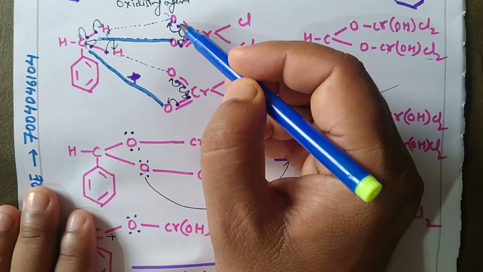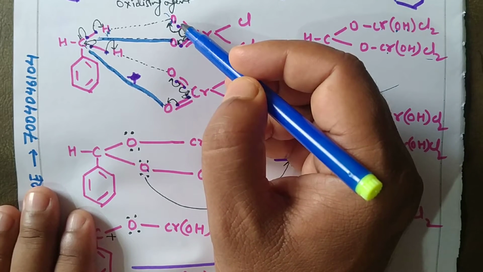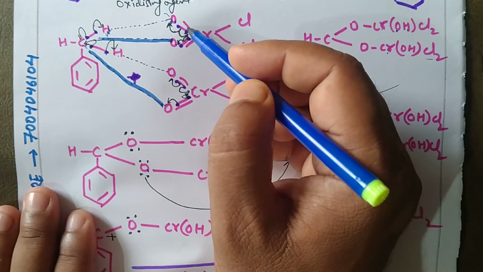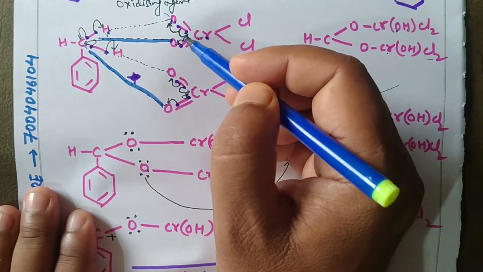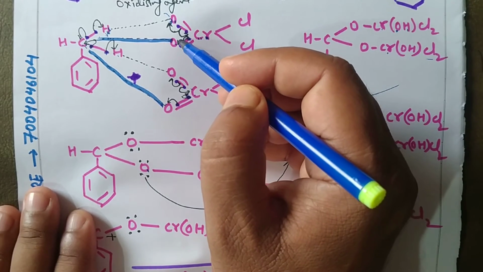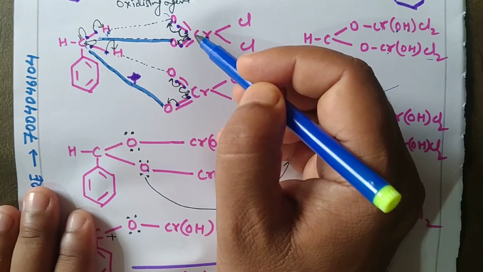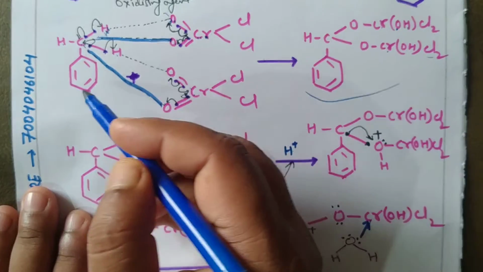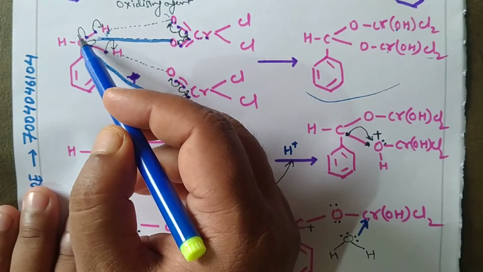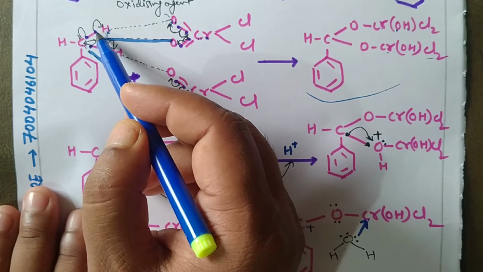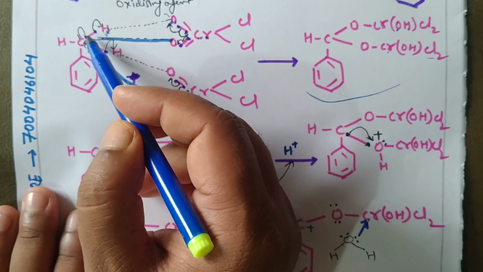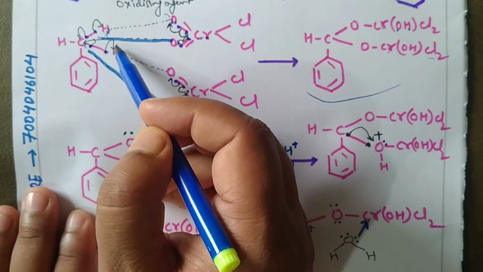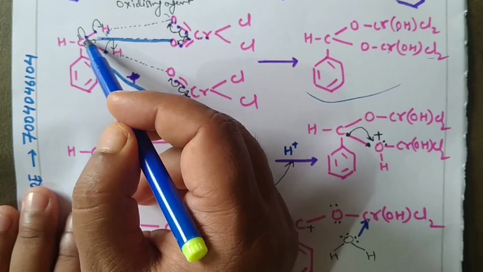If homolytic cleavage occurs, one electron will rest with this oxygen and one electron will rest with this carbon. Similarly, with this chromium-oxygen bond, one electron will rest with this oxygen and one electron with the chromium. Similarly, the homolytic cleavage occurs between carbon and hydrogen: one electron will rest with the hydrogen and one with the carbon. Similarly for this bond also, one electron will rest with the hydrogen and one with the carbon atom.